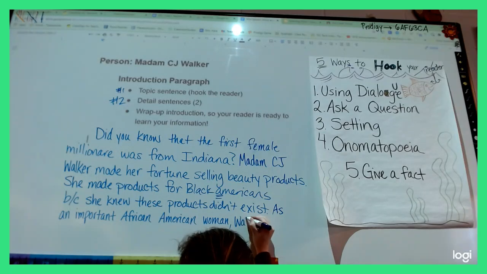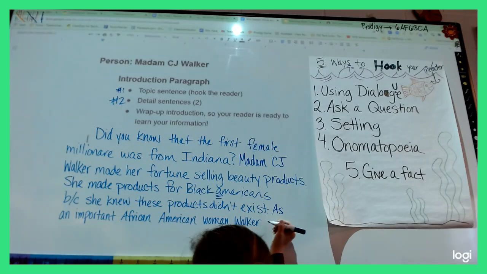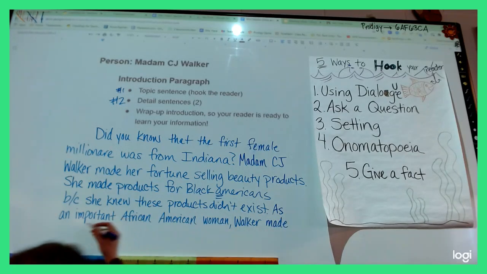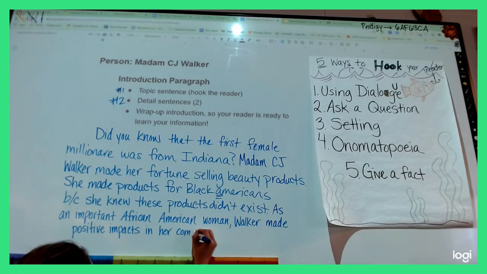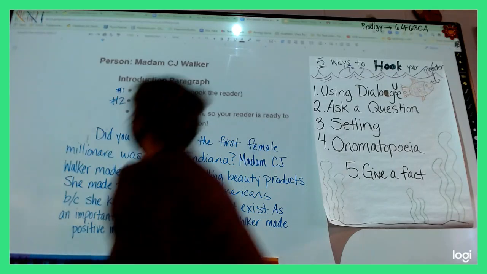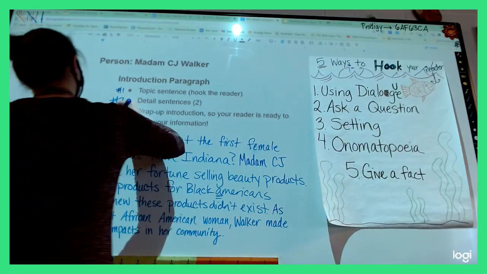So anytime throughout the rest of your paper, you can use their last name if you want. As an important African American woman, Walker made positive impacts in her community. You also could have said other things. That's the great thing about words. There's so many choices. Okay, so that's your third job.